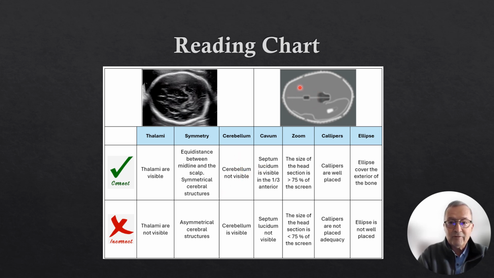The cavum septum pellucidum should be visible in the anterior third of the head. The image should be zoomed to more than 75% of the screen. The caliper should be well placed, and the ellipse should cover the outside of the skull.